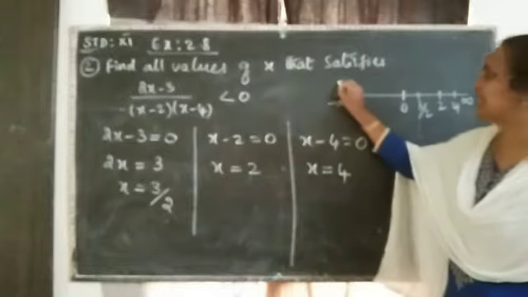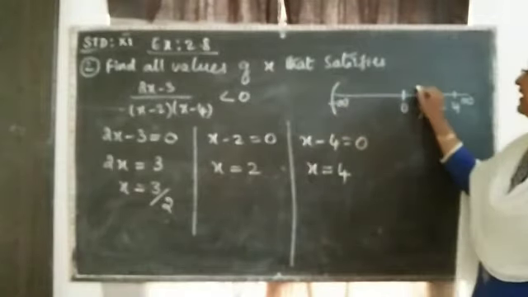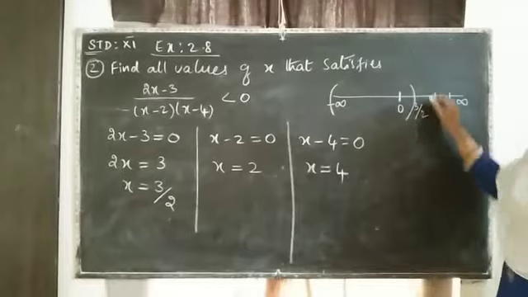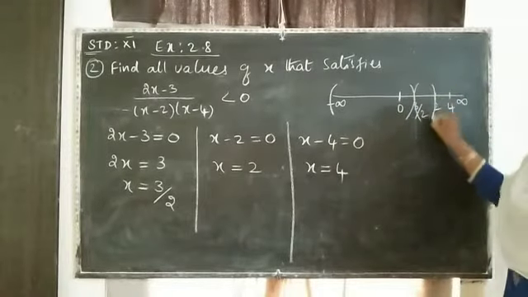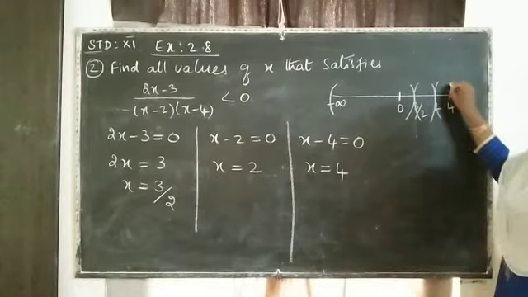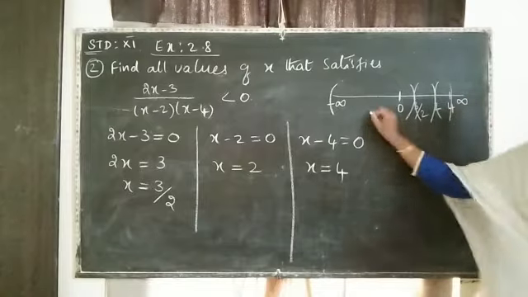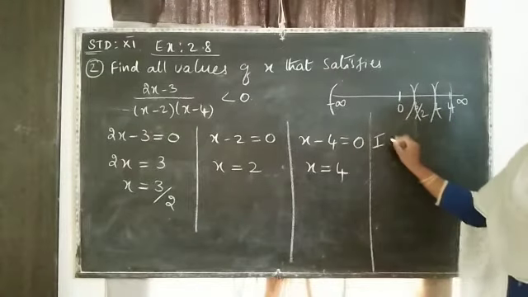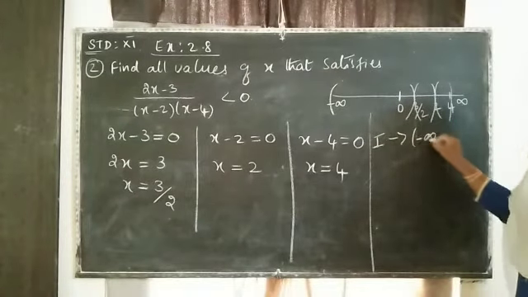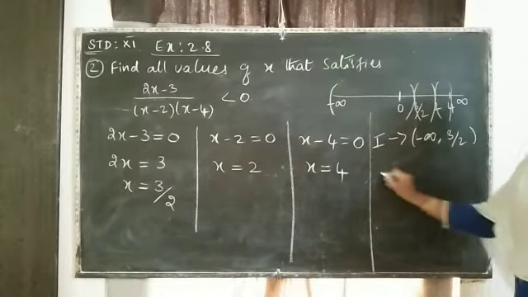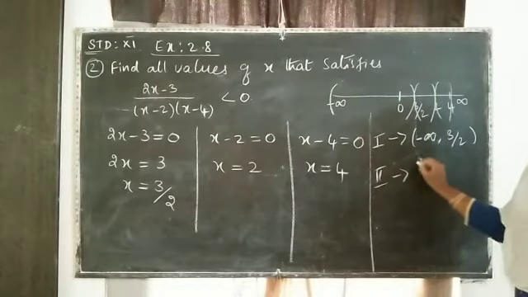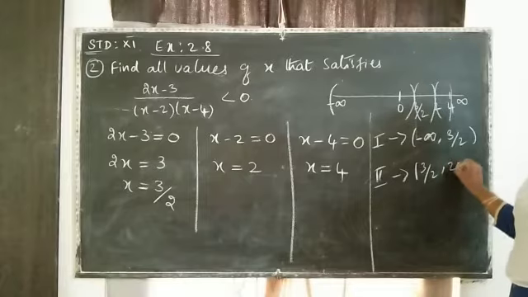Now look into this. We are going to segregate this into intervals: minus infinity to 3 by 2, again 3 by 2 to 2, and again 2 to 4. Yes or no? Now what are the intervals? First one, minus infinity comma 3 by 2. Second one, 3 by 2 comma 2.